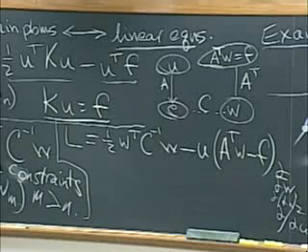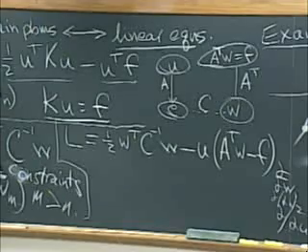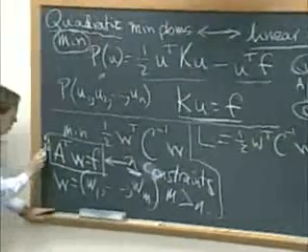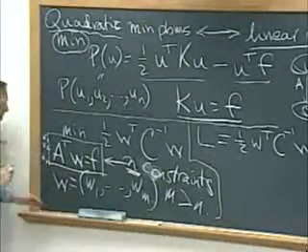Now, there's one thing I have to fix here. How many constraints have I got? n. How many Lagrange multipliers do I need? n. Each of those equations deserves its own, so the first equation should get multiplied by u1, the first Lagrange multiplier, the second by u2, and there are n different Lagrange multipliers.